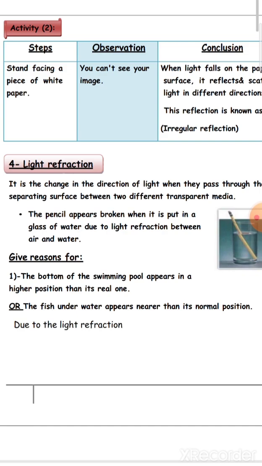I can give the same reason for why the bottom of the swimming pool appears in a higher position, or the fish under the water appears nearer than its normal position. For all of these questions, the answer would be due to the light refraction.